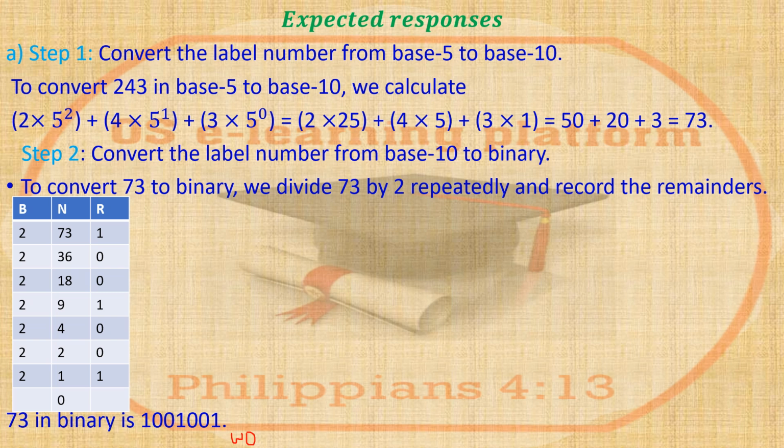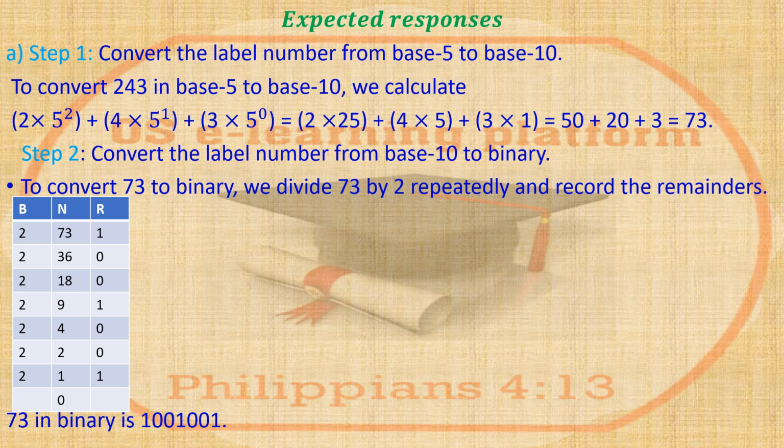The question is, how should we connect it to the scenario? Now that the parents can interpret the converted 243, which is in base 5, to binary base, they are in position now to interpret the labels indicated in terms of 1001001 in base 2.